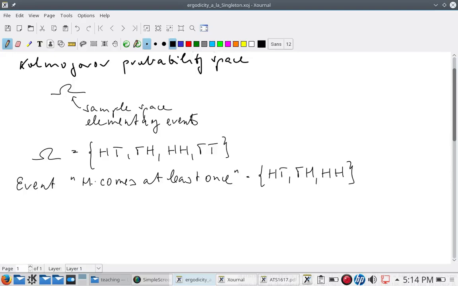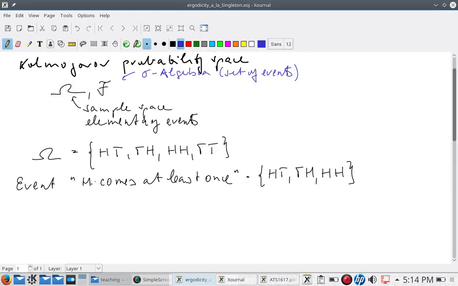Now we can select all these events which we are interested in into a set of events. This is denoted with a stylized F, and this object is referred to as a so-called sigma algebra. It's a set of events, and this set of events must have certain properties.